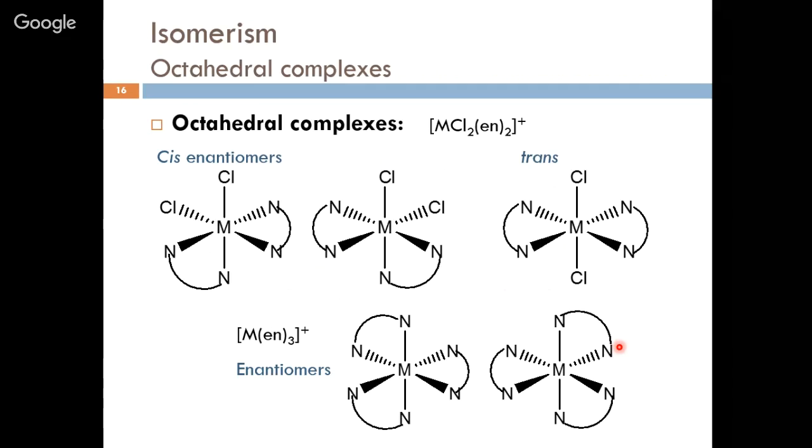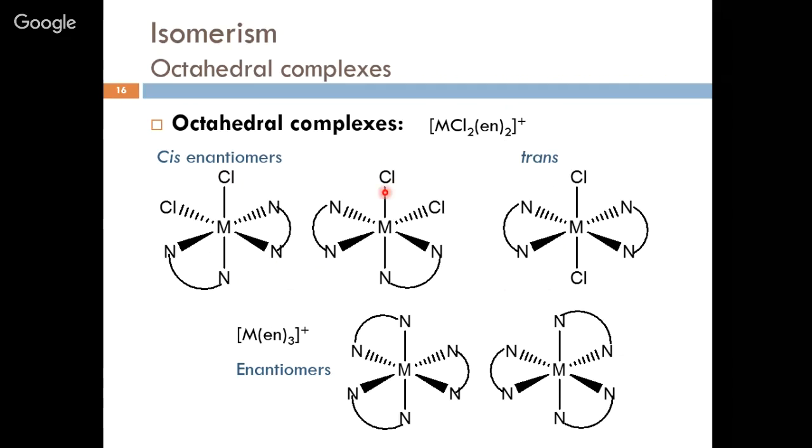If we throw in the complexity of bidentate ligands, then we can have some other forms happen. In this case, we have 2 of one kind of monodentate ligand, chloride, and 2 ethylenediamine. So these curves and the nitrogens represent the ethylenediamine bidentate ligands. And of course, the Cls are the chlorides.